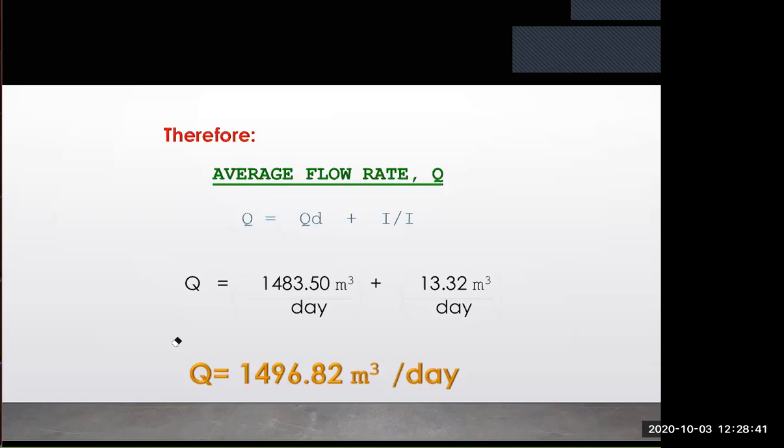You get the total average flow equal to 1496.82 cubic meters per day. So that is now the flow that will be conveyed from your sewerage and drainage pipes into your wastewater treatment facility or your sewage treatment facility.